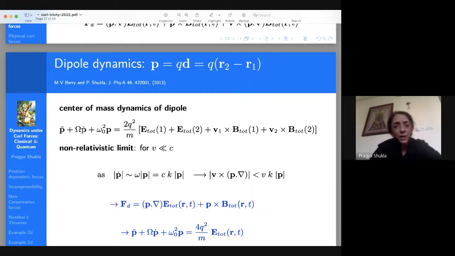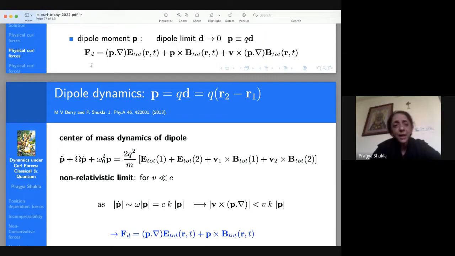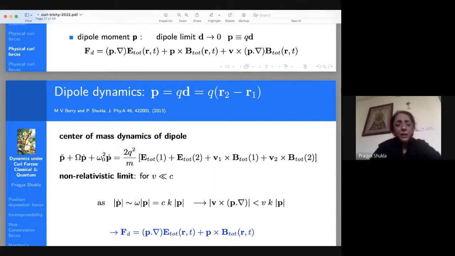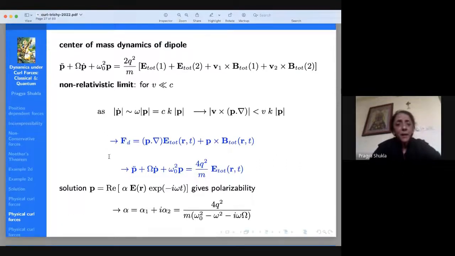Then substitute it into the equation I showed here, f of d, and you get your f of d. It so happens that you can simplify this, because many of these terms drop out.